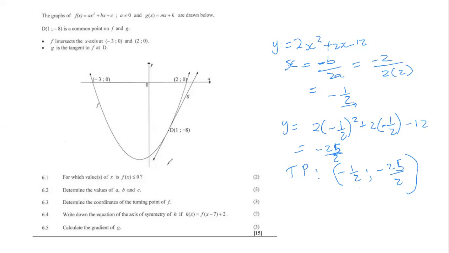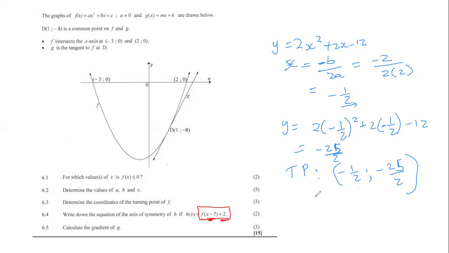Now, the equation of the axis of symmetry, that is f of x minus 7 plus 2. So what do we see here? h of x is the same graph, but now x minus 7 means it is the same graph shifted 7 units to the right and 2 units up.